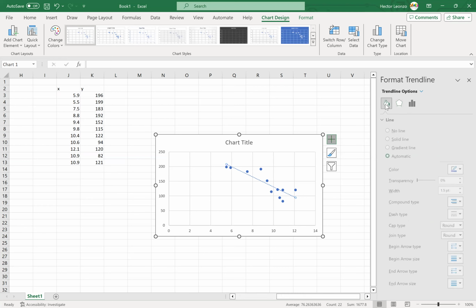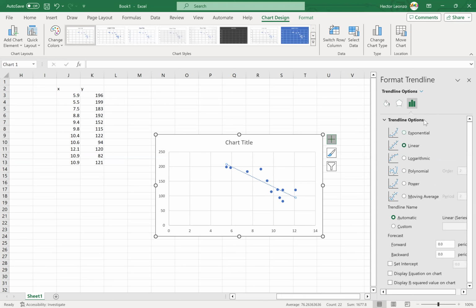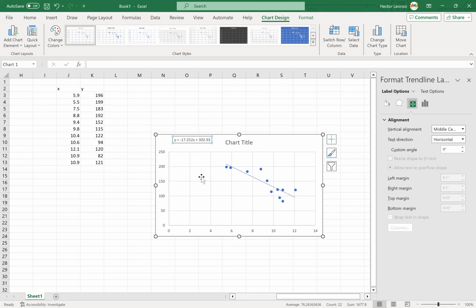Make sure you guys come over to this bar thing. So I want my data to be linear because I want to do a linear. And then here at the bottom, you guys see display equation on chart. Boom. Let me drag this because it gave me my information there. Let me drag it up here. It gives me my equation. So that's the data I'm going to use.